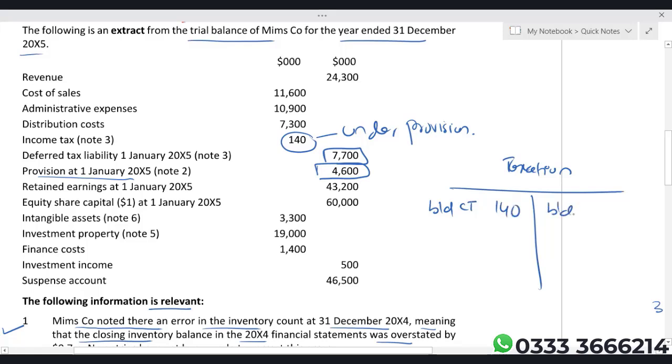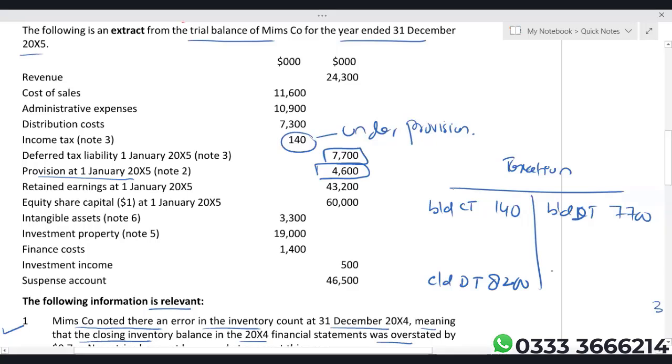Deferred tax is 7,700. They have given us the closing CD of the deferred tax, 8,200. Now, interestingly, the main point is that in the current year, there is no income tax liability. In fact, there is an income tax refund.